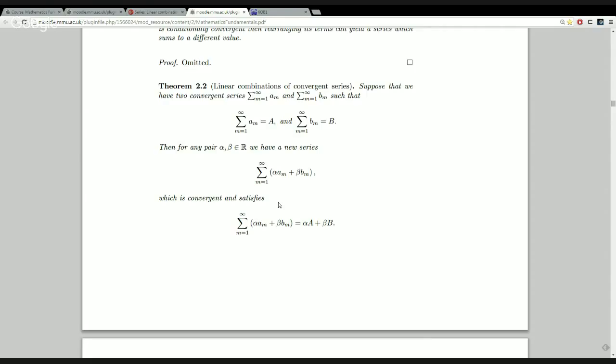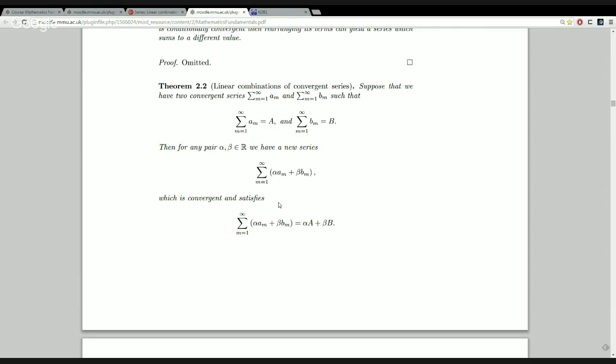The first one converges to a limit A, capital A, and the second one converges to a limit capital B. Now we suppose that we create a new third series, defined by taking a linear combination of the corresponding terms of our original two series. So the new series looks like the sum of alpha a_m plus beta b_m.